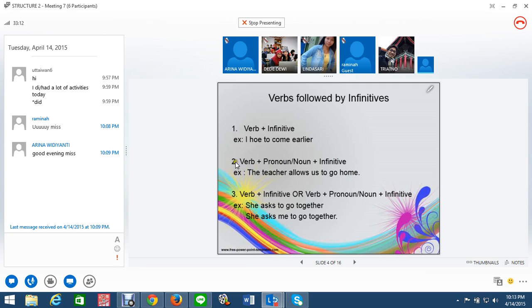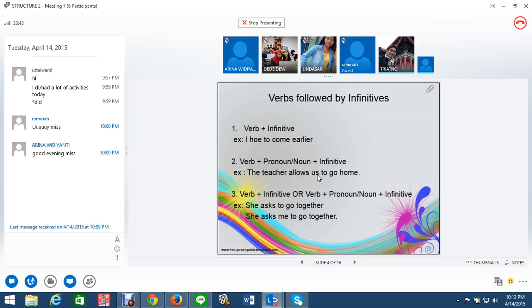So here the formula that we are going to use if you are going to use verbs followed by infinitive. Okay, jadi ini subject. After the subject, this is the verb. Allows is a verb. And then us, it is an object pronoun, right? What is the subject pronoun of us?